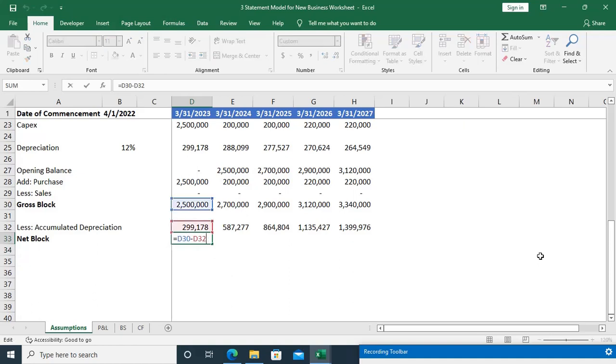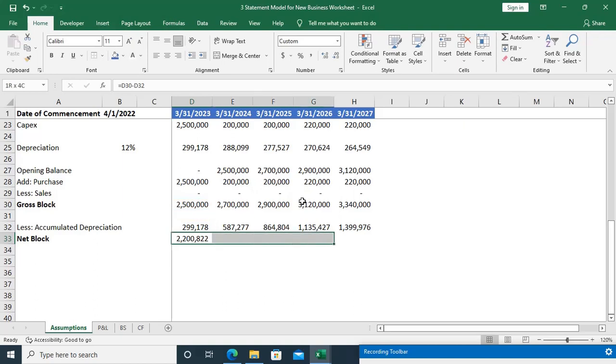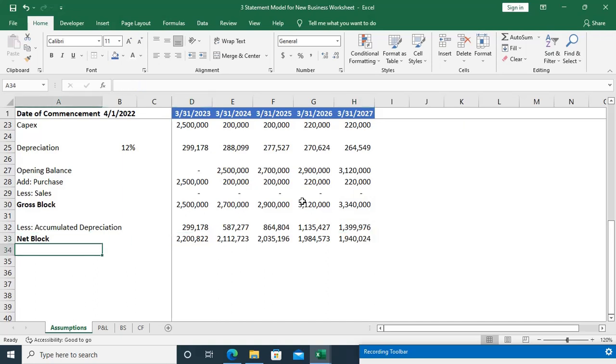This should be the net block amount, and as this gross block has taken care of this capex and everything, we can simply do Control R. So this will be our net block amount. You can check it. Net block.